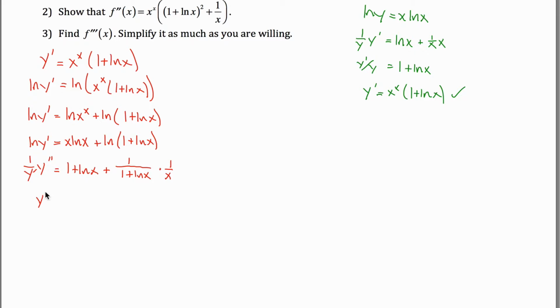We want to solve for y double prime, so I could multiply both sides of the equation by y prime, but y prime is x to the x times 1 plus the natural log of x. So I copy this here, and that has to get multiplied by this entire thing that I have above, so 1 plus the natural log of x plus, let's see, maybe I'll write this term as 1 divided by x times 1 plus natural log of x.